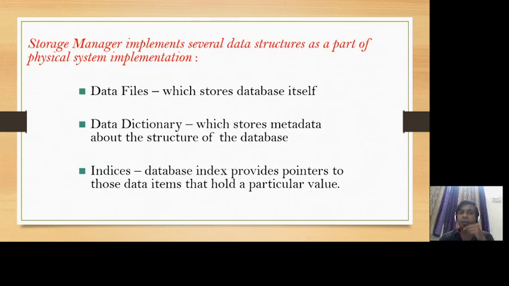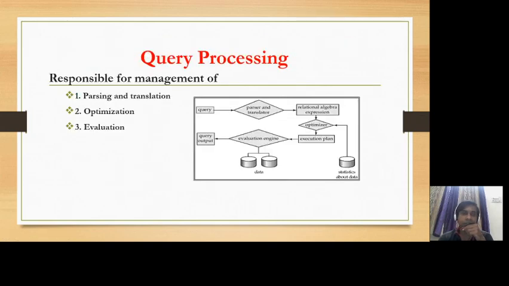In implementation perspective, we need a data file, which stores the database itself, a data directory, which stores the metadata about the structure of the database, where metadata is nothing but data about the data, and indexes, which provide pointers to those data items that hold a particular value in our databases.